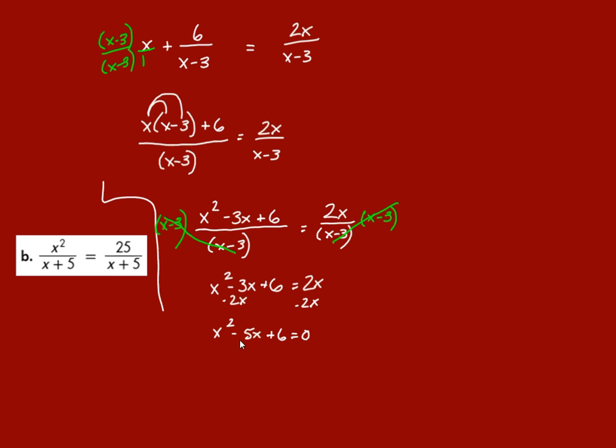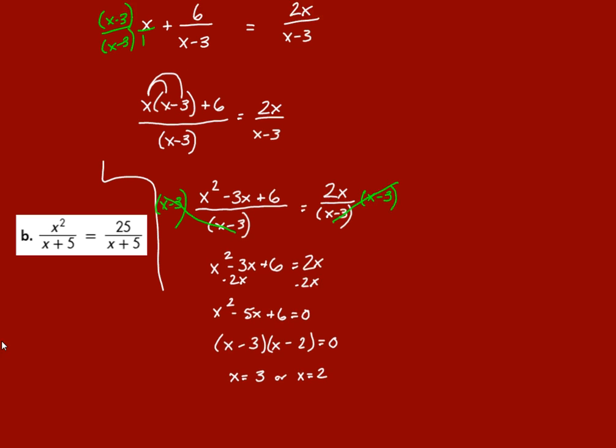Okay, this will. This will factor into x and x. What is that going to be? 3 and 2, and they're both negative, equals 0. So I get x equals 3 or x equals 2.